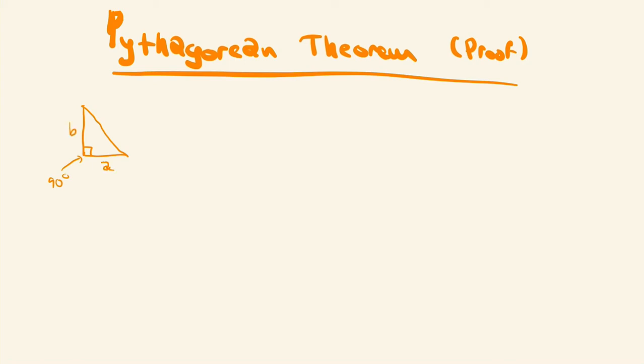If I tell you that the side lengths are A, B, and C, where C is the length of the hypotenuse, and that is the side that doesn't touch the right angle. So this is a special side. Two sides are always going to touch that 90-degree angle. One side won't. We call that special side the hypotenuse.